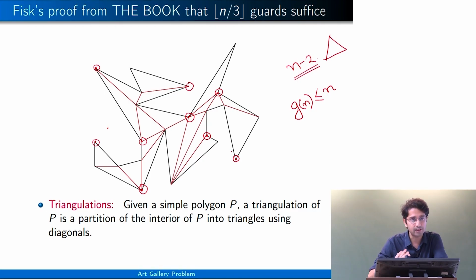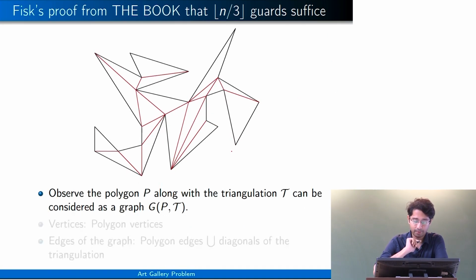Can I say that this will certainly cover the whole polygon? Because every triangle has a guard, and that guard will see every point in the triangle. If I choose any point in the polygon, it belongs to at least one triangle, and every triangle has a guard, and that guard will see that point. Right?